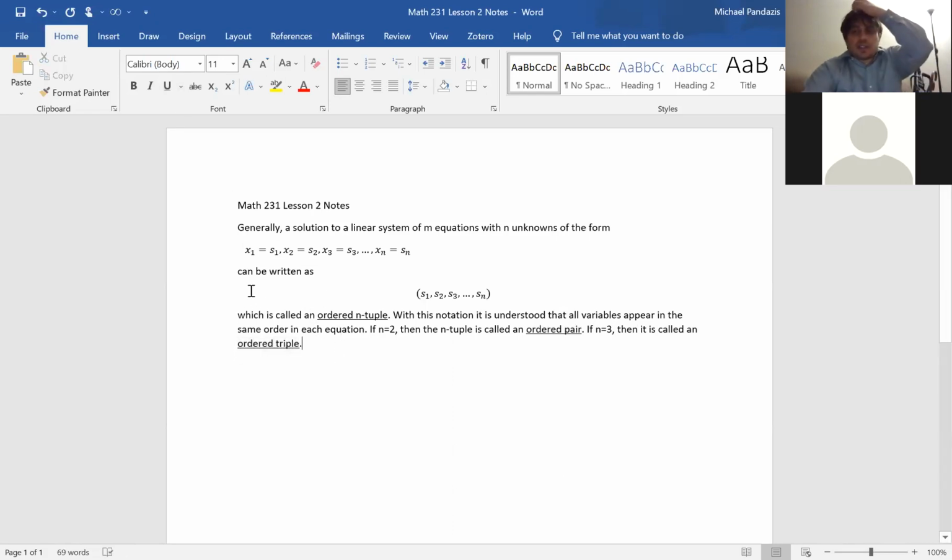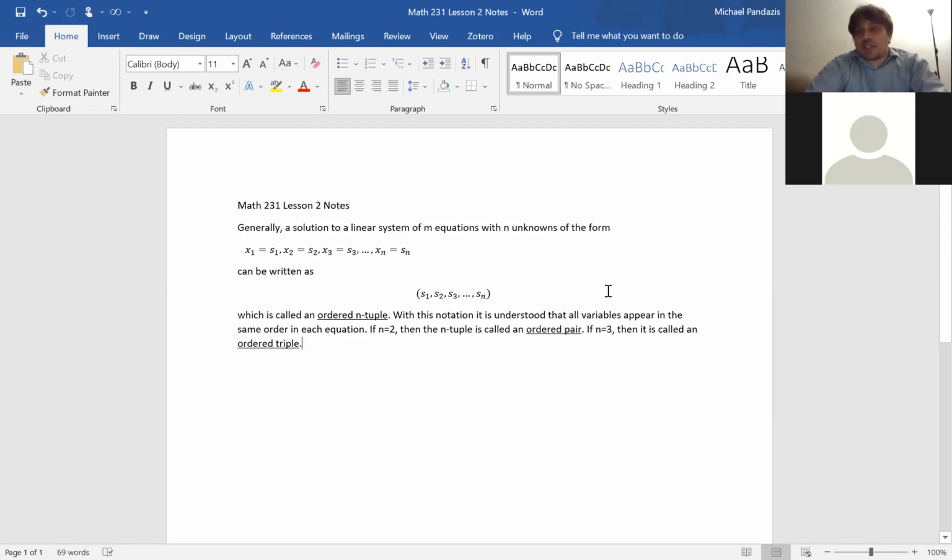Okay, so when you have a linear system which has exactly 2 unknowns, a solution would have to be assigning a value to each of those 2 unknowns so that every equation is true. Okay, the solution is that assignment, meaning the assignment is, well, what is x1 equal to? What is x2 equal to? What are the values of each of them that make every equation true? That assignment is a solution of that linear system.